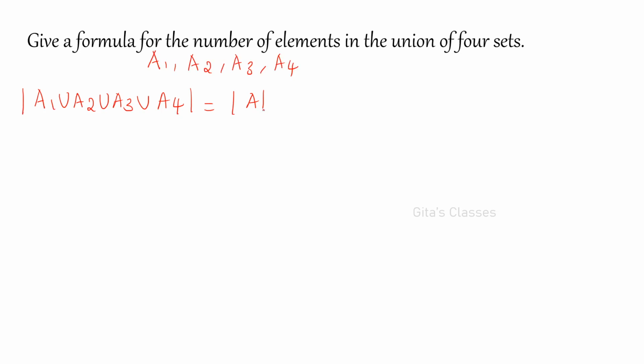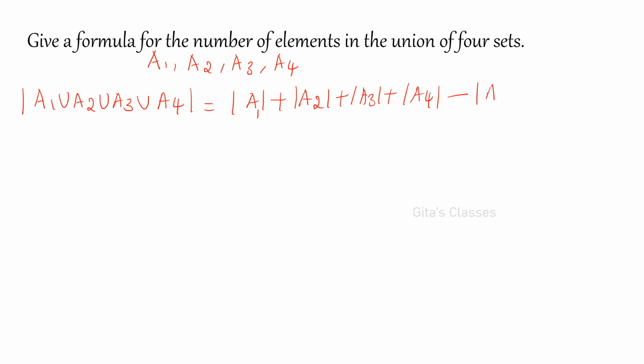Now the cardinality of A1 union A2 union A3 union A4 you have to write. So cardinality of A1 plus cardinality of A2 plus cardinality of A3 plus cardinality of A4, minus. Now all the 4 sets are over for single, 1 at a time. Now you have to consider 2 at a time. Always remember A1 intersection A2 and A2 intersection A1 are same, so after writing A1 intersection A2, we will not write A2 intersection A1. Both are same only.